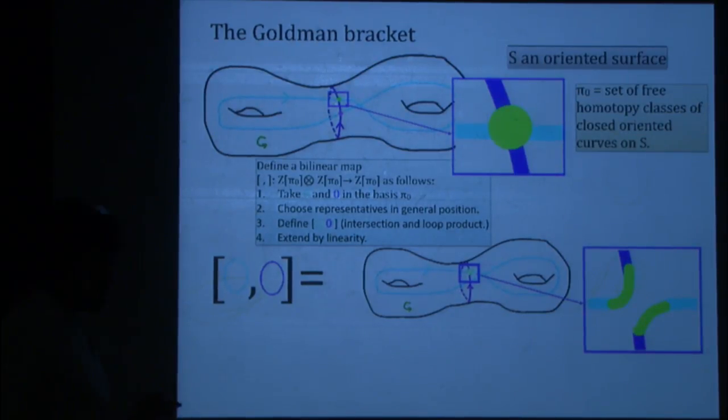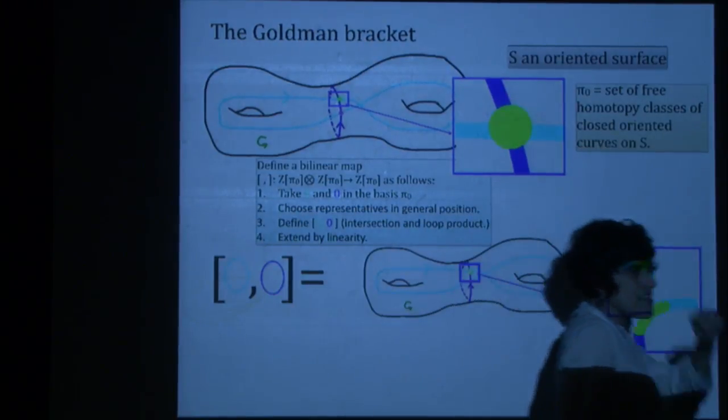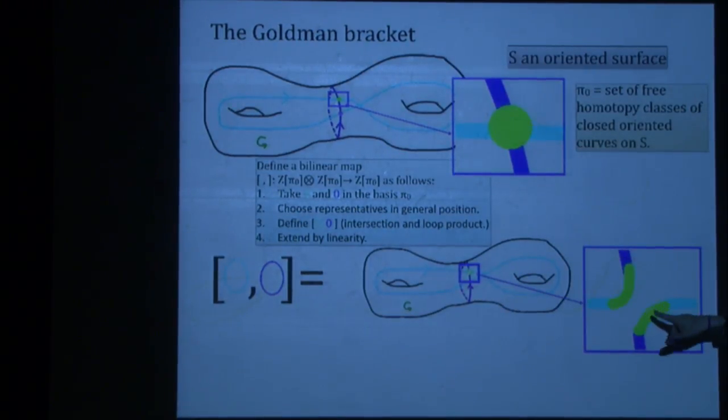Now notice that I said this is a set. And this thing we did here, it's a loop product. For those of you who saw the fundamental group, you multiply loops that start and end at the same point by going around the first and then going around the other.